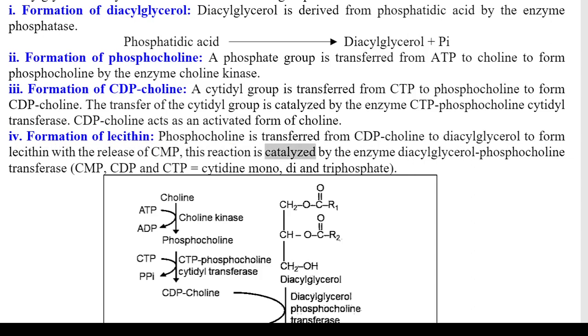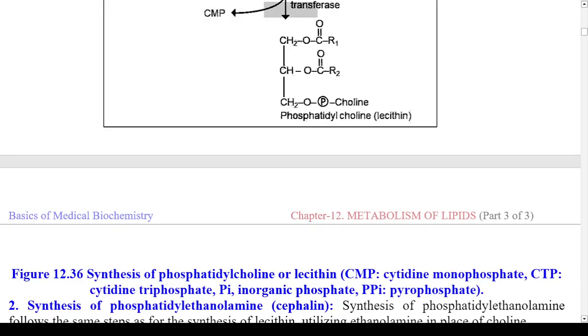This reaction is catalyzed by the enzyme diacylglycerol phosphocholine transferase. CMP, CDP, and CTP equal cytidine mono-, di-, and triphosphate. Figure 12.36 Synthesis of phosphatidylcholine or lecithin. CMP, cytidine monophosphate; CTP, cytidine triphosphate; Pi, inorganic phosphate; PPi, pyrophosphate.